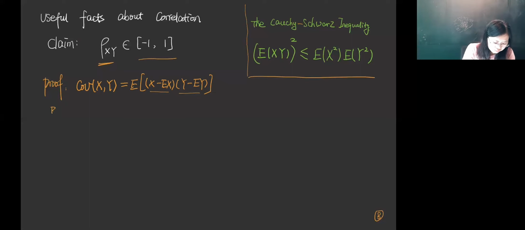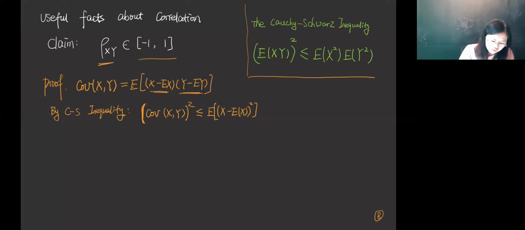We can apply the Cauchy-Schwarz inequality on these two random variables, the two deviations, and get the following. That is, the covariance squared is less than or equal to the expected value of (X minus E[X]) squared times the expected value of (Y minus E[Y]) squared.